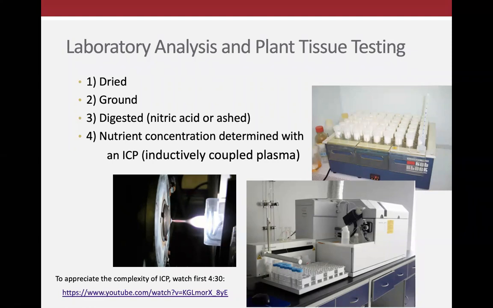Then they send it through this incredible machine. So the sample is essentially ground, digested, and in liquid form. Then they send it through this machine called an ICP. An ICP stands for inductively coupled plasma spectrometer, okay? And there's different types of these ICPs in terms of what they do and how they function.